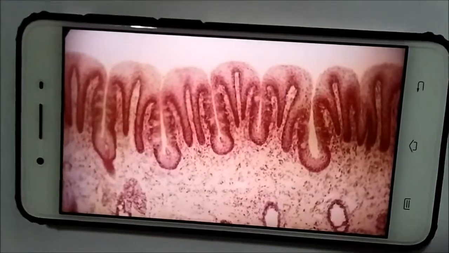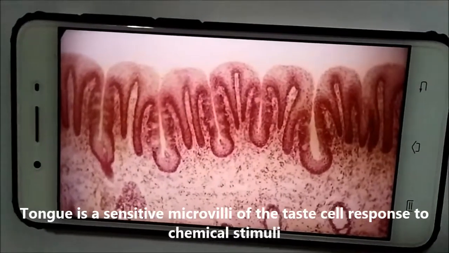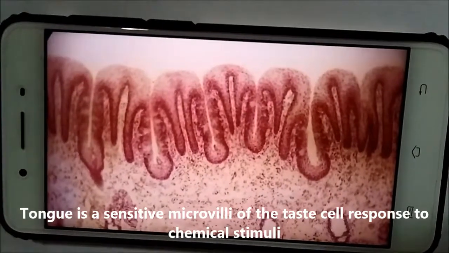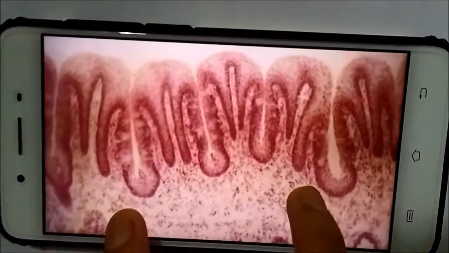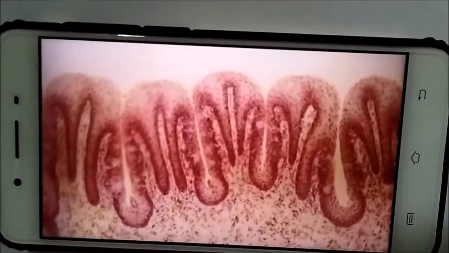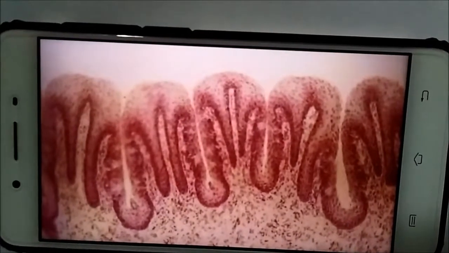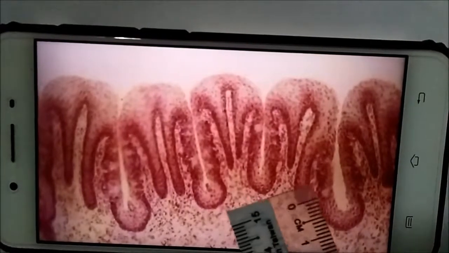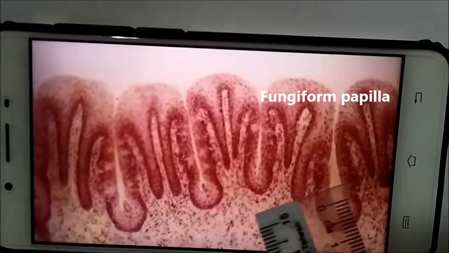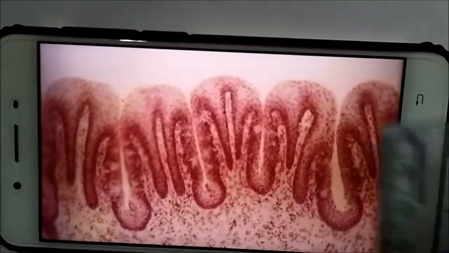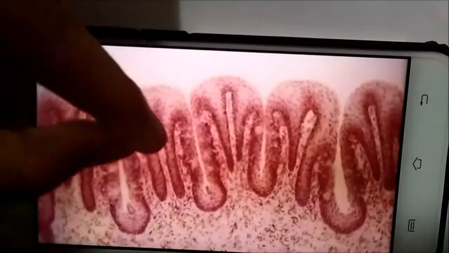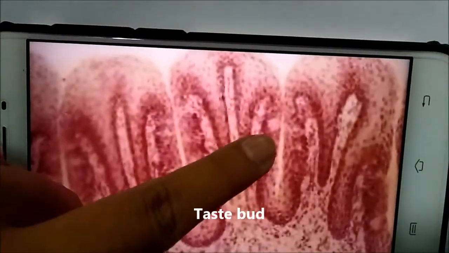So chemically, the tongue is sensitive; the microvilli of the taste cells respond to chemical stimuli. If we zoom in on the structure of the tongue, we can identify that this is the fungiform papilla, and this is the epithelium of the tongue. Inside the epithelium, it has the taste bud.